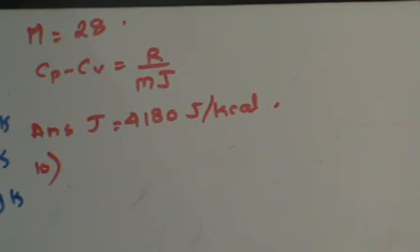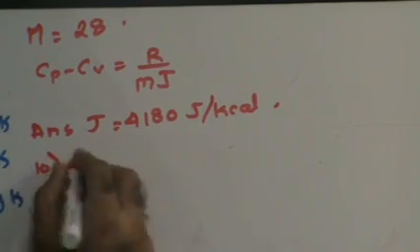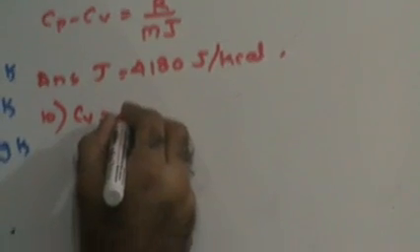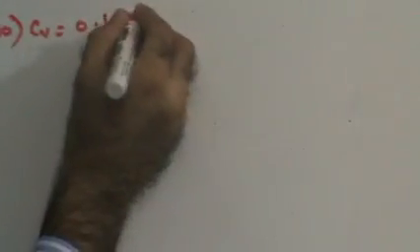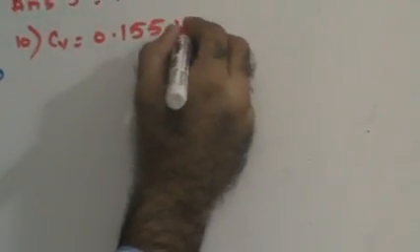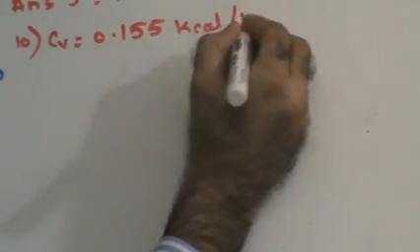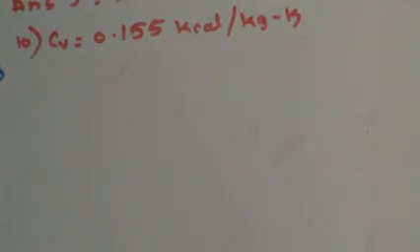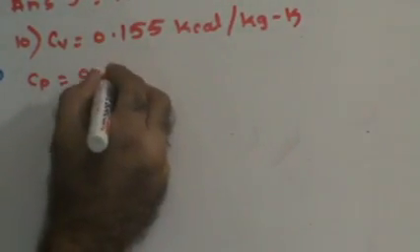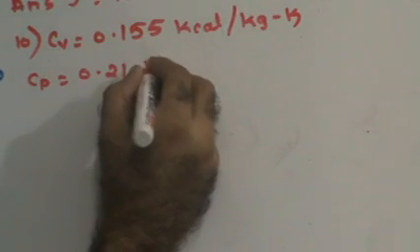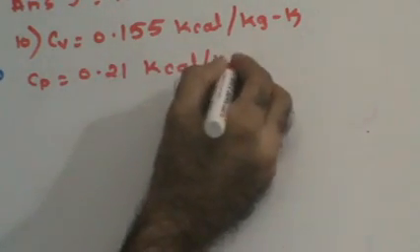The specific heat of air at constant volume is 0.155 kilocalorie per kg Kelvin and at constant pressure is 0.21 kilocalorie per kg Kelvin.